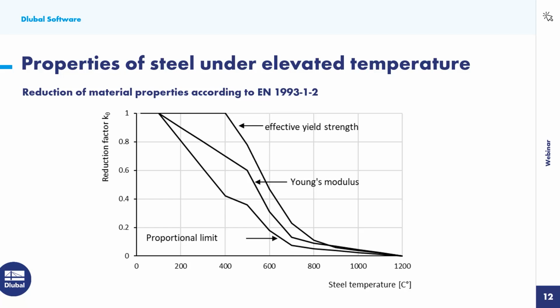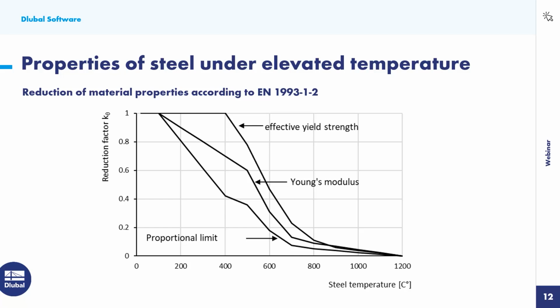At a temperature of around 600 degrees Celsius, the reduction of the yield stress already accounts for roughly 50%. At 800 degrees Celsius, it is almost 90%, so there's only very limited resistance left.